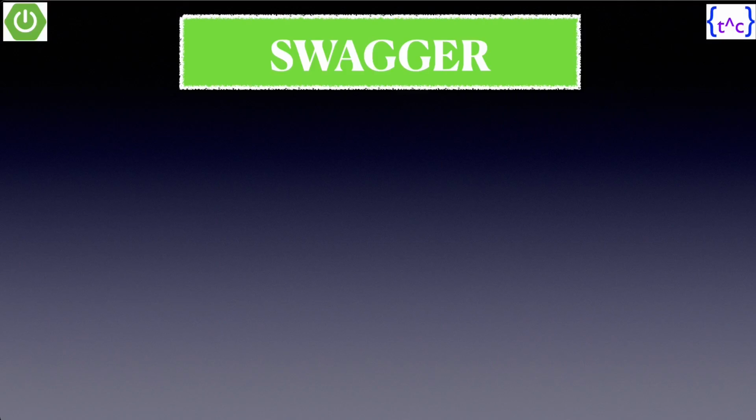I'll first talk about what Swagger is and what areas it can be used in, and then we will specifically focus on the API documentation part. As you might know, Swagger has gained a lot of popularity in the software industry because of its documentation capability.